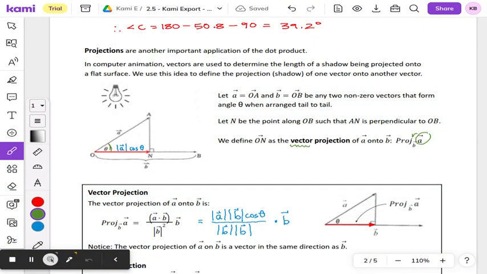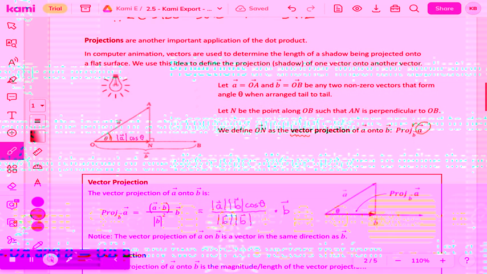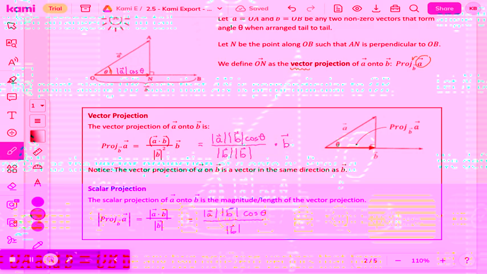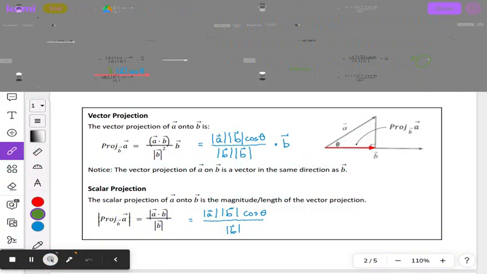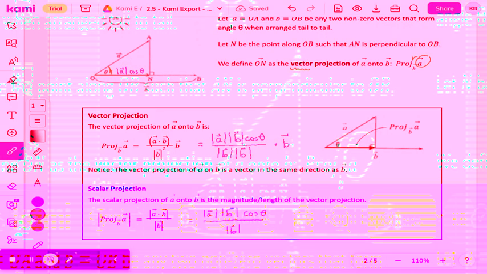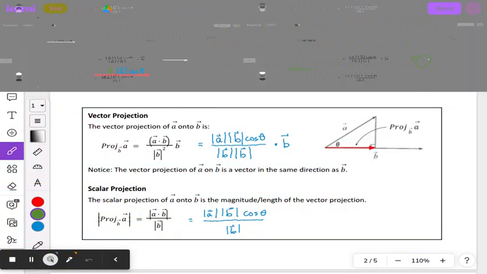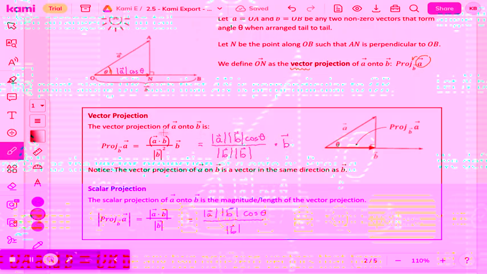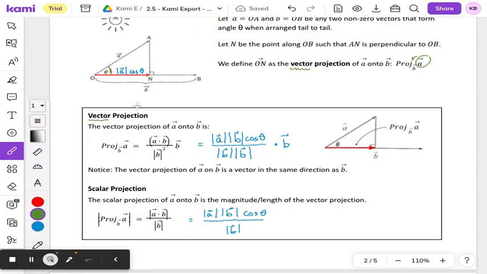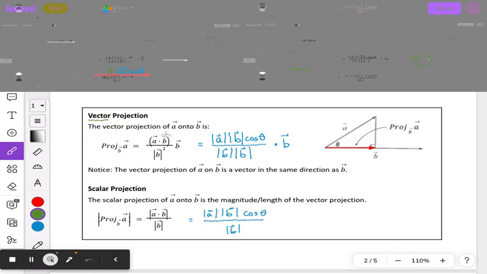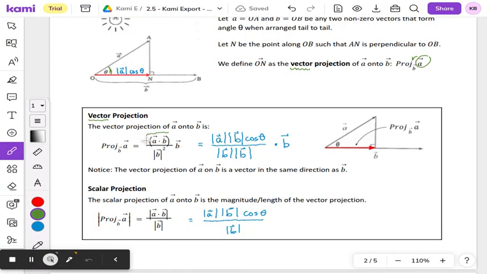I'm going to very quickly go over how these formulas were derived, but you don't have to worry about this. I'm just explaining it so you have a bit of context. This is the vector projection, meaning it's got a magnitude and a direction. This first part right here is a scalar.